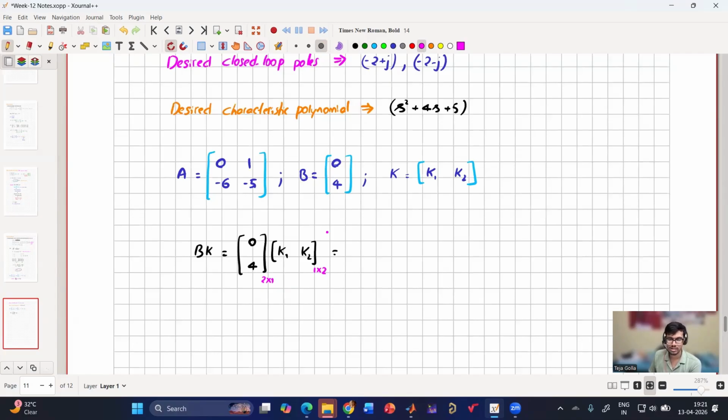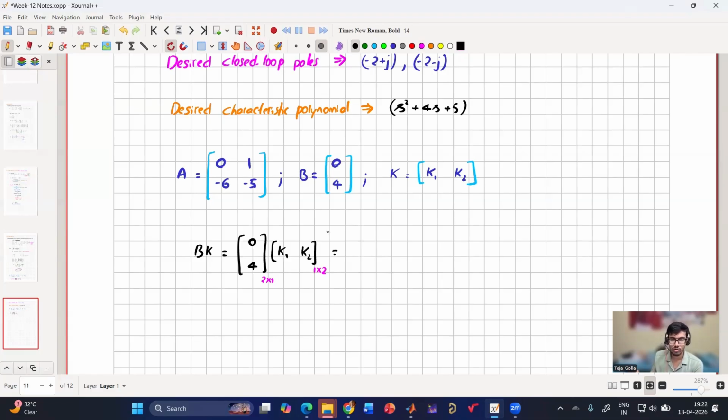Looking at the matrix, I can't immediately say what the resultant matrix size will be, so I have this habit of writing the size of each matrix. Now I'll multiply the sizes, so I know it will be 2 cross 2. In this way I knew where I was making mistakes.